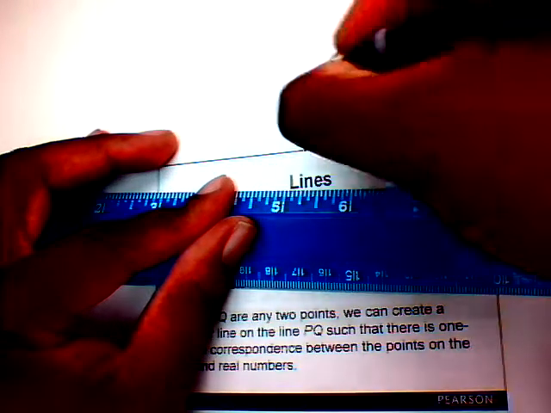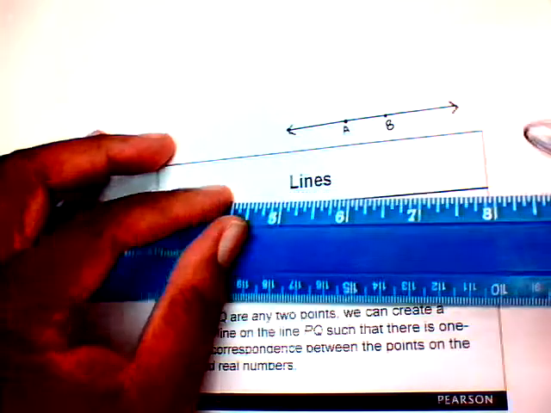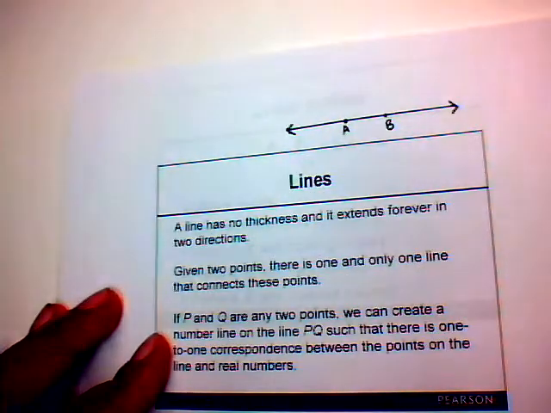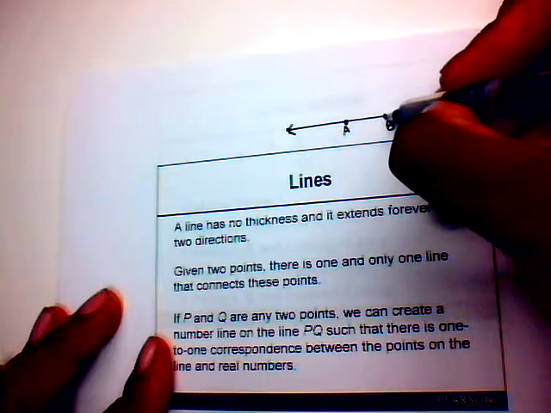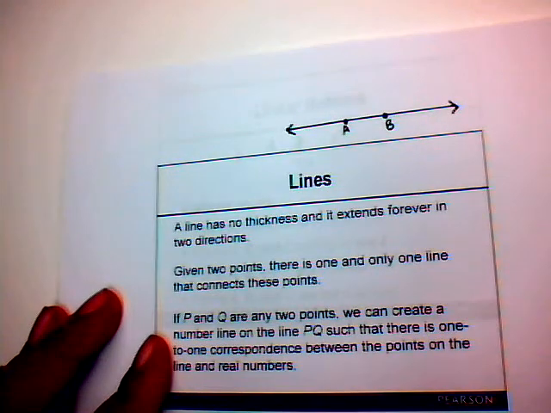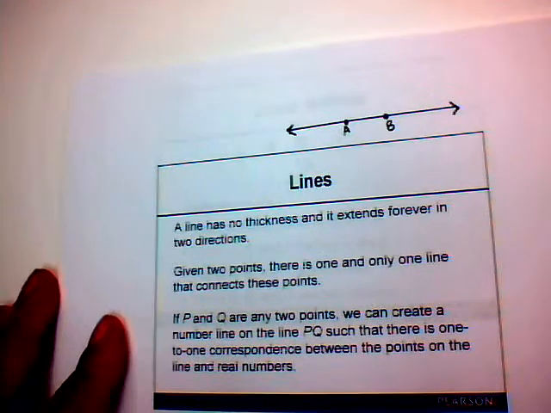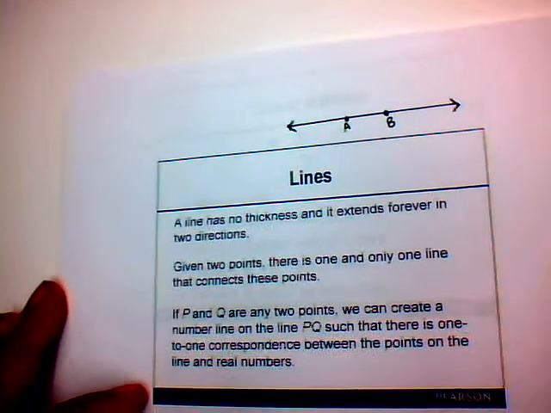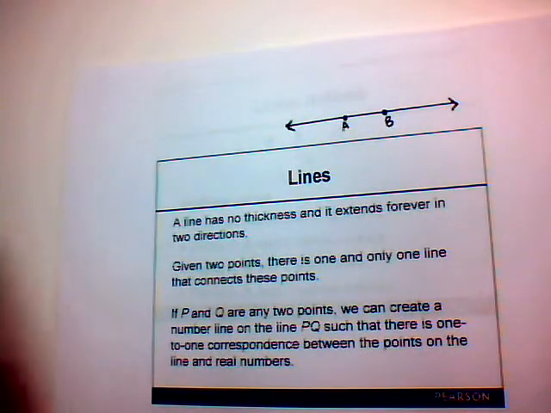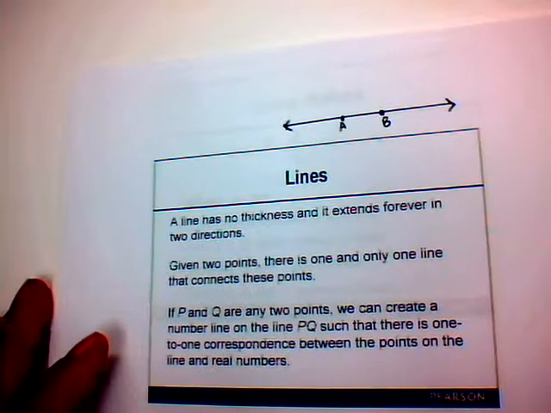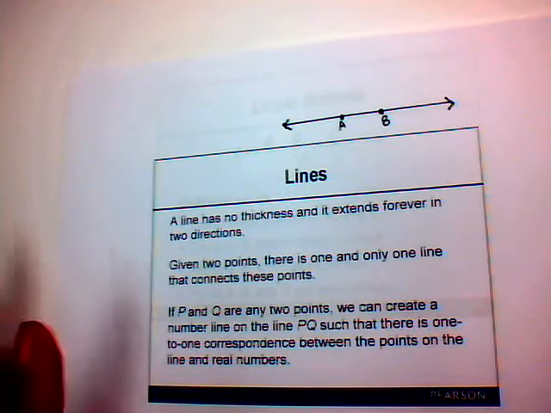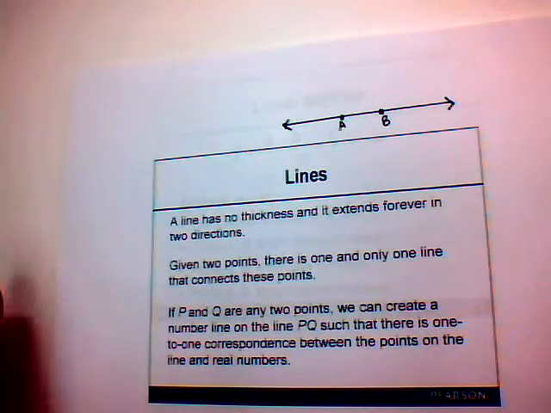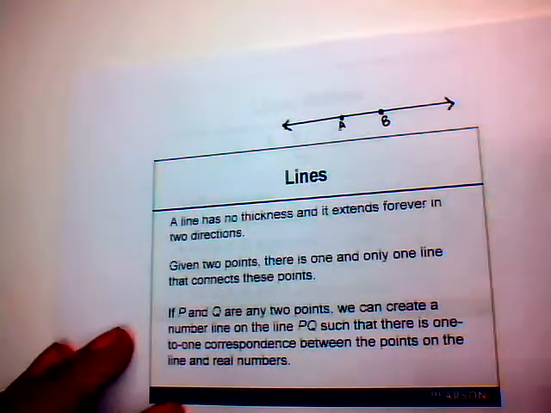And this will be it. Okay. So that's an illustration of a line. It has no thickness. It extends in 2 directions without end. So if P and Q are any 2 points, we can create a number line on the line PQ such that there is a one-to-one correspondence between the points on the line and real numbers.